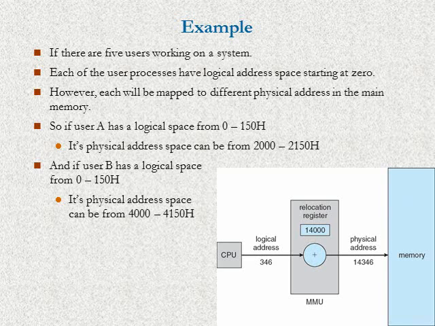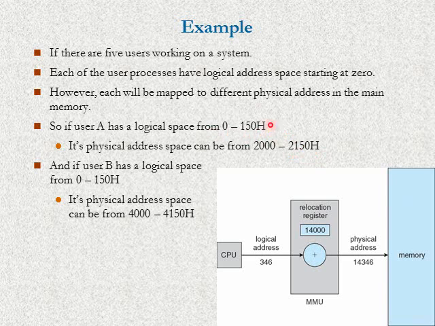So now let's suppose that the first process, process A, has a logical space that starts from 0 and goes up to 150 hexa. However, its physical address space is from 2000 to 2150 hexa.